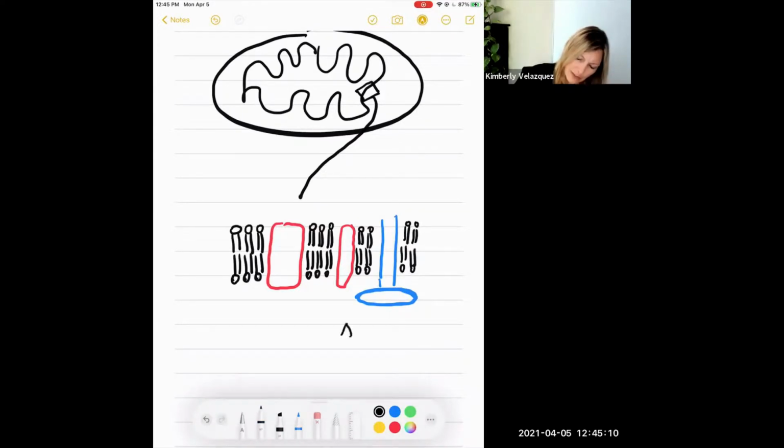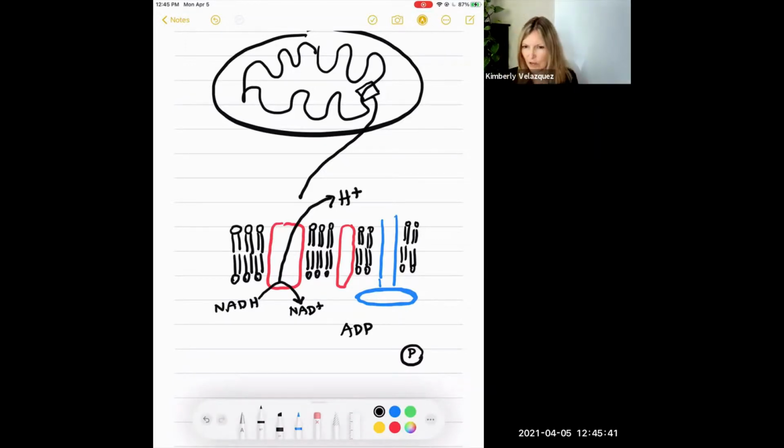Okay, and on this side, we have a bunch of ADP, and we have a bunch of phosphate groups. Okay, NADH comes in contact with this protein. The hydrogen is going to get stripped away and pumped out into this space. And what we're left with is NAD+.